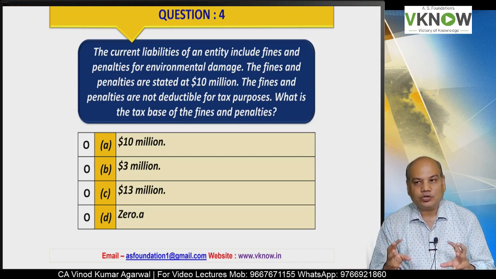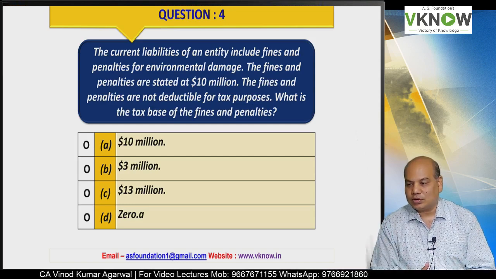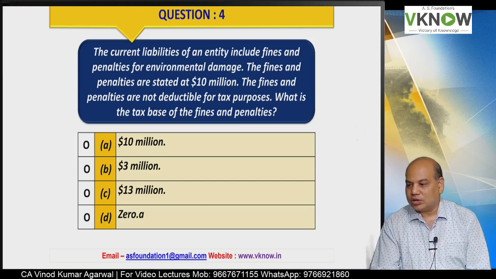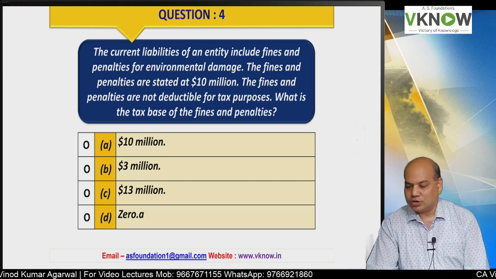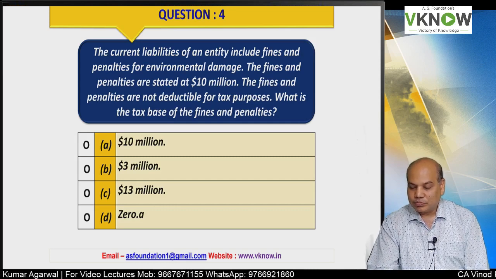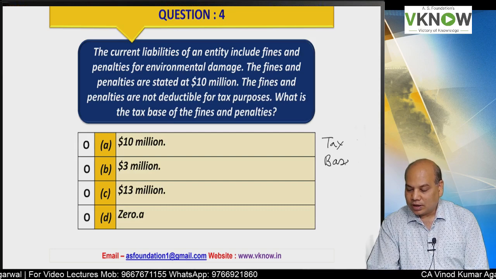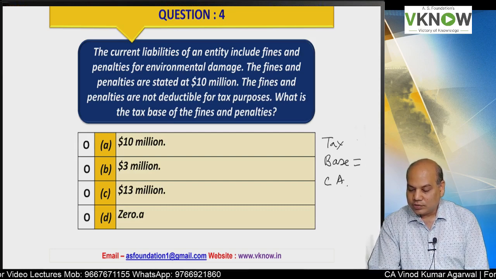And if an item does not have future tax consequence, what is the tax base? The tax base is equal to carrying amount. So the answer is 10 million.